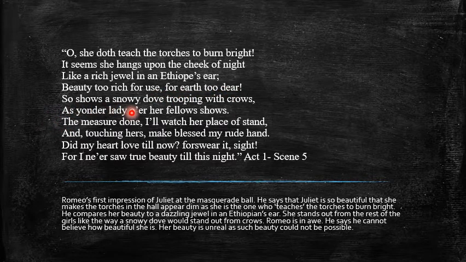So shows a snowy dove trooping with crows, as yonder lady o'er her fellows shows. The measure done, I'll watch her place of stand, and touching hers, make blessed my rude hand. Did my heart love till now? Forswear it, sight, for I never saw true beauty till this night.